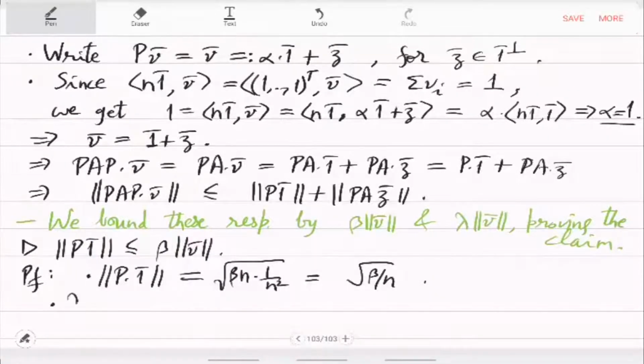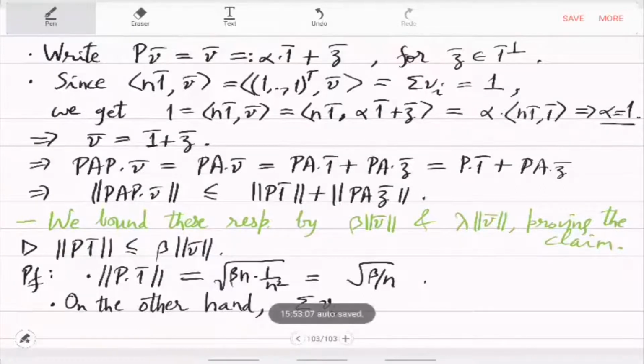So let's do that. If I look at the sum of the coordinates Vi of V, this is equal to the inner product of this vector E bar B, where 1 is in the positions of B, otherwise it is 0.